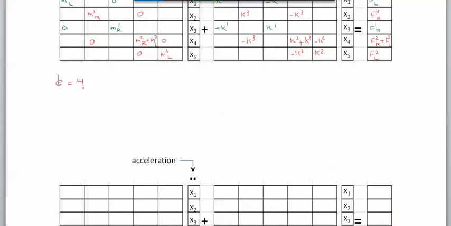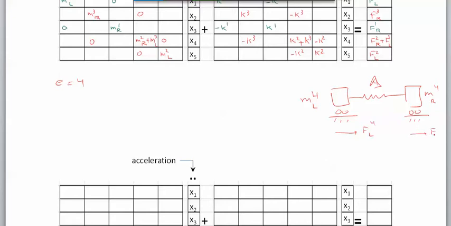Element 4. Let's draw that. Element 4. M left 4. M R4. This is F L4. This is FR4. Equation of motion, ML4, 0, 0, MR4.